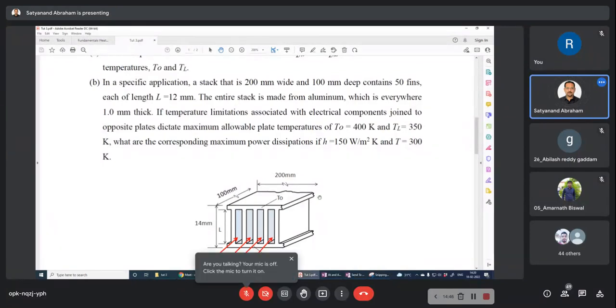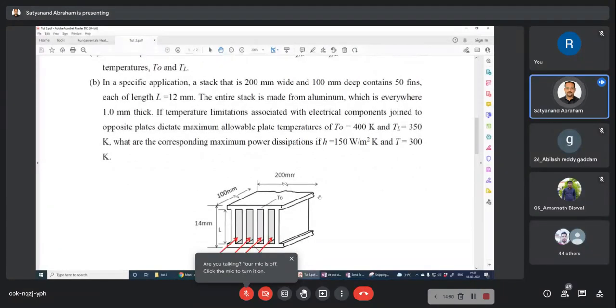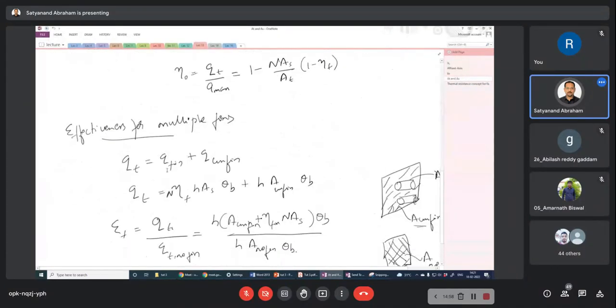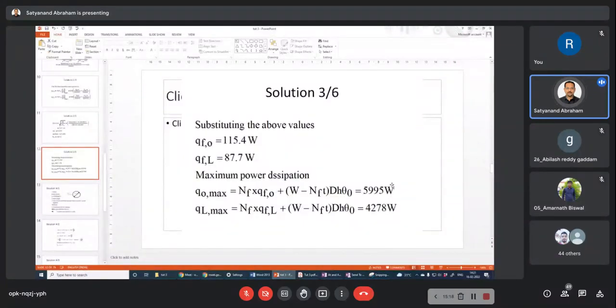If you are asked for the effectiveness, then obviously you can calculate the heat dissipation. For overall effectiveness, it is given as Q total from the fin divided by the no fin area. Q total divided by Q no fin area. Q total is what we are calculating here.